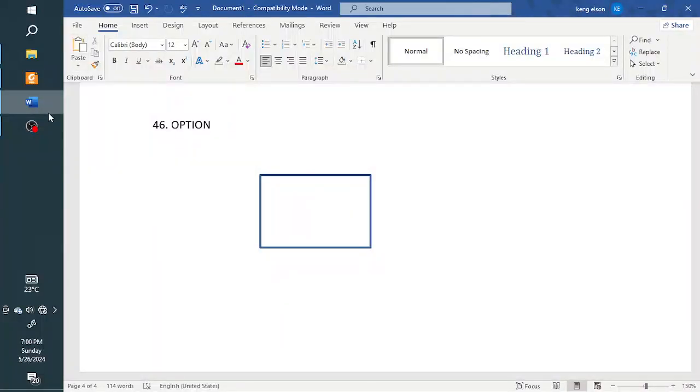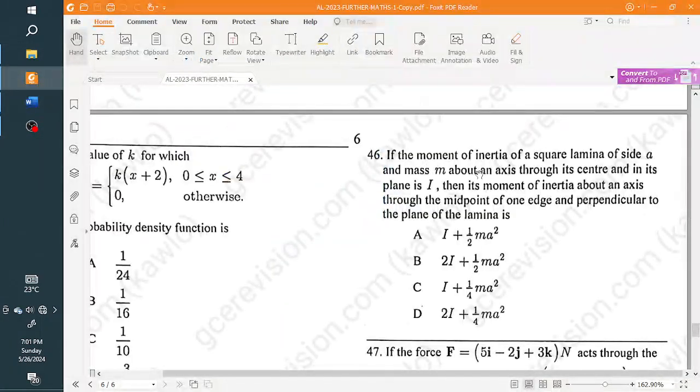Now we have been told that the moment of inertia of the square lamina of side A and mass m about an axis through its center and in its plane is I, then its moment of inertia about an axis through the midpoint of one edge and perpendicular to the plane of the lamina is. So first of all, we start by indicating the main axis of the lamina.